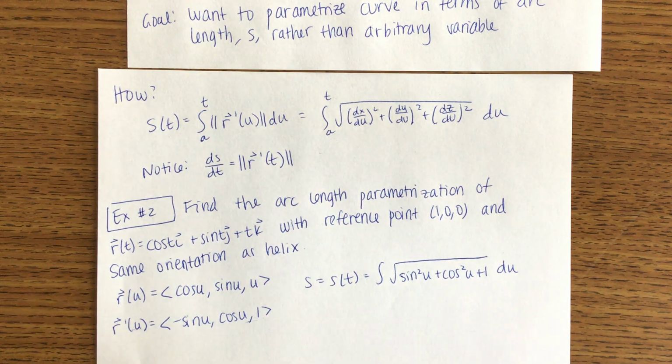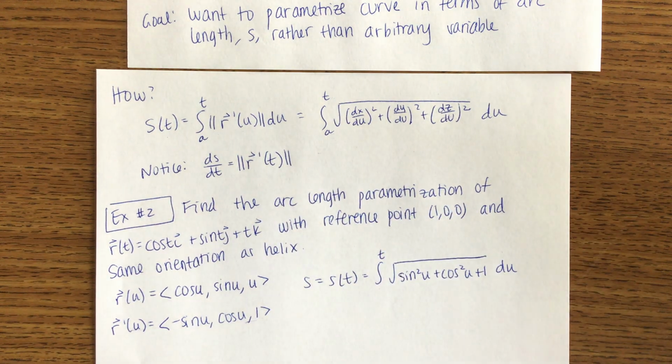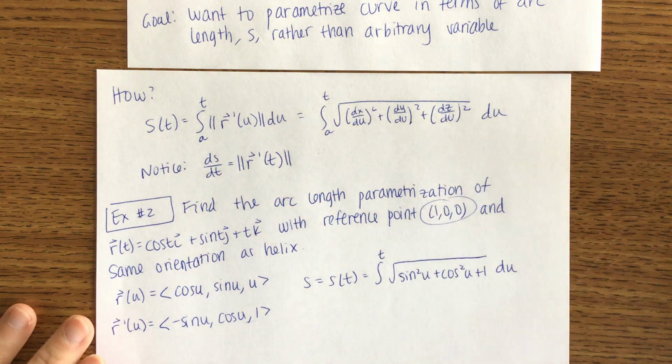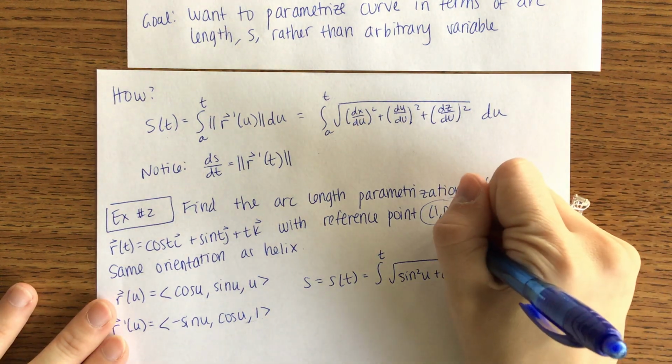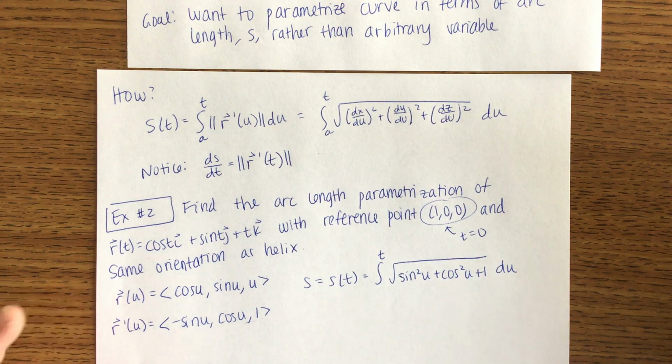Your bounds of integration, there's going to be a number down here. Your upper limit will be t. This lower limit comes from your reference point. Your reference point is telling you where you're starting. So at this point, t is equal to 0, or u.